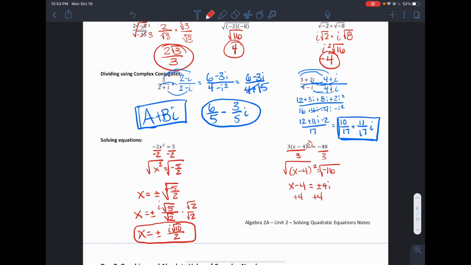And now I just need to add 4 to both sides, and x would equal 4 plus or minus 4i. So if we were to plug 4 plus 4i into our original equation, we would get -48 when we do 3 times 4 plus 4i minus 4 squared. It would still work out.